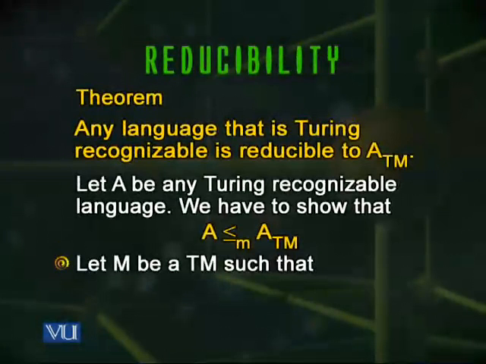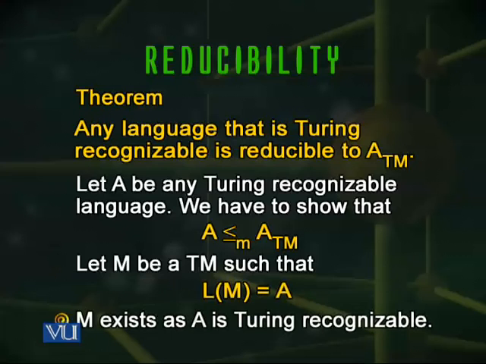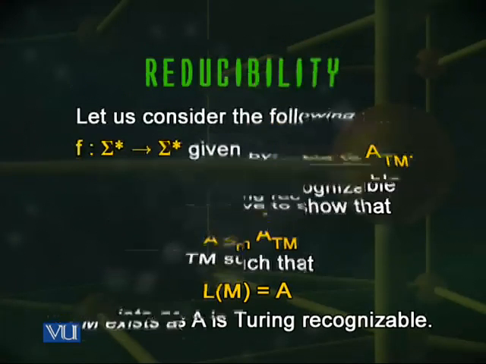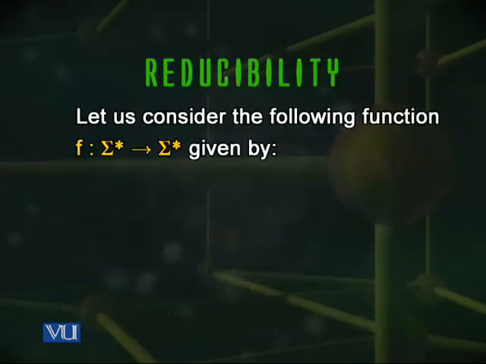So, let M be a TM such that the language of M is equal to A. Note that M exists since A is Turing recognizable. Now, let us consider the following function f given by f of x equals the pair M comma x.